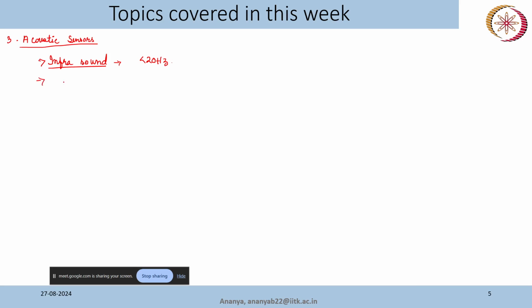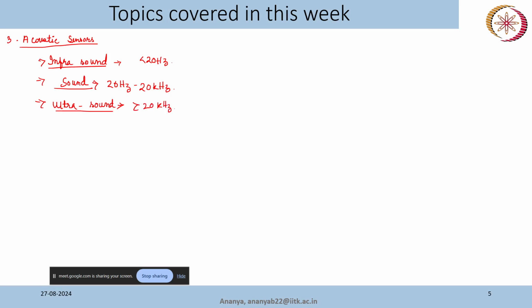And then the sound that human beings can hear is between 20 hertz to 20 kilohertz. Okay. And the third category is the ultrasound, which is above 20 kilohertz.